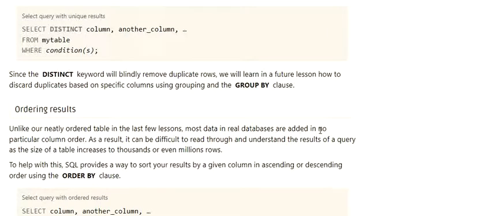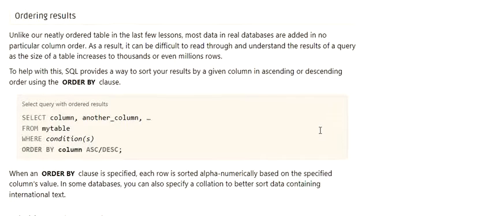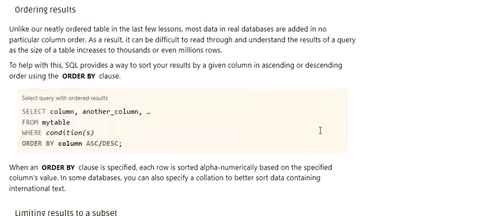So this is all about the distinct keyword in SQL, and after that we will be using the order by clause to order the results. Ordering is also necessary, because we have to sort the data in descending or ascending order.